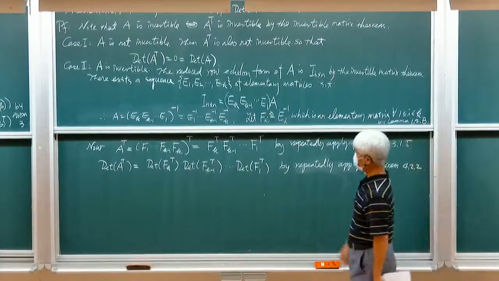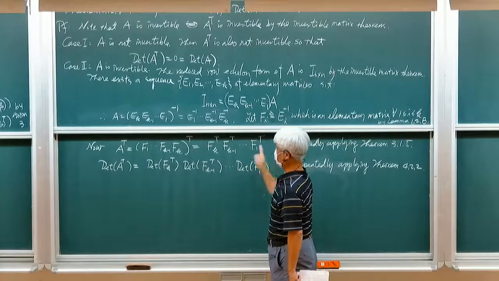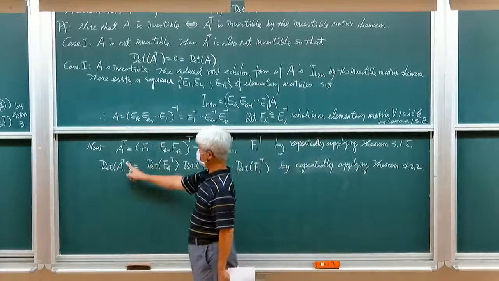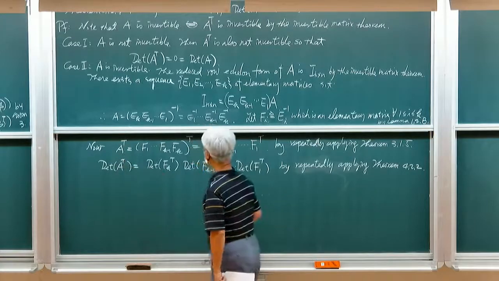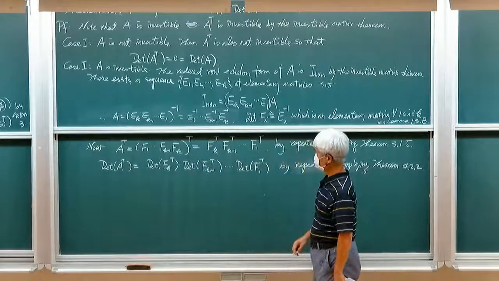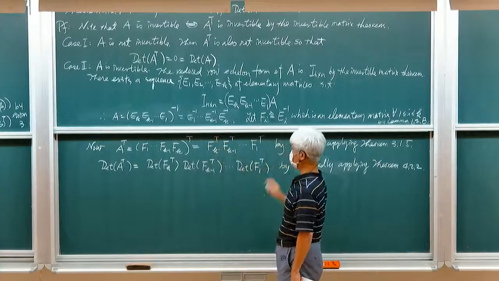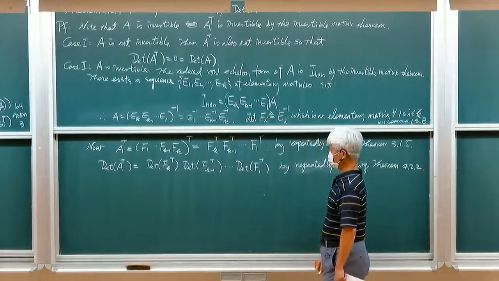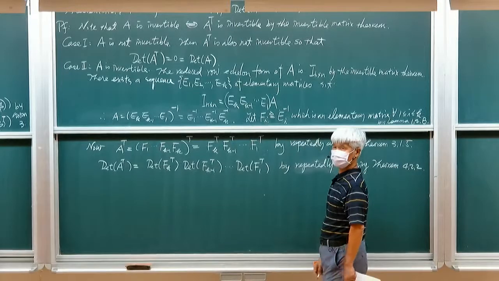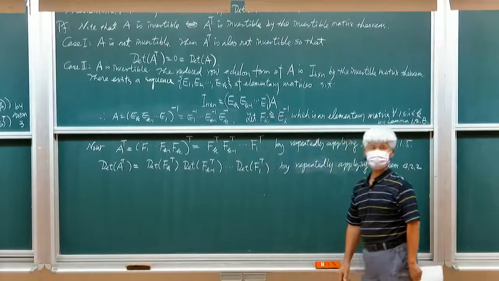So when we apply the product formula several times, the determinant of A transpose becomes the product of the determinants of each matrix. Any questions up here?